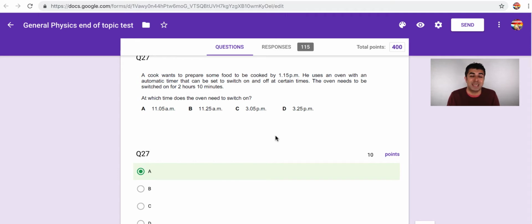Well, the answer's A because 2 hours after 11 is 1 o'clock and a further 10 minutes will make it 1:10. But we didn't actually start from 11 o'clock, we started from 11:05. So if you add 2 hours and 10 minutes, it becomes 1:15 p.m. The answer is A.